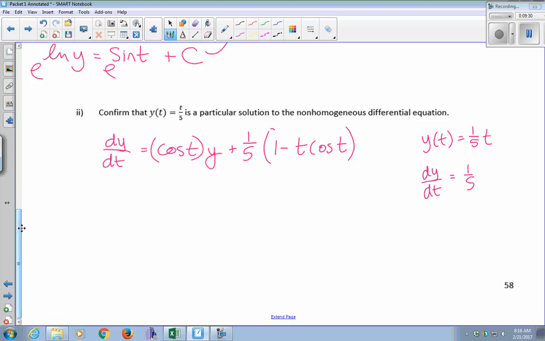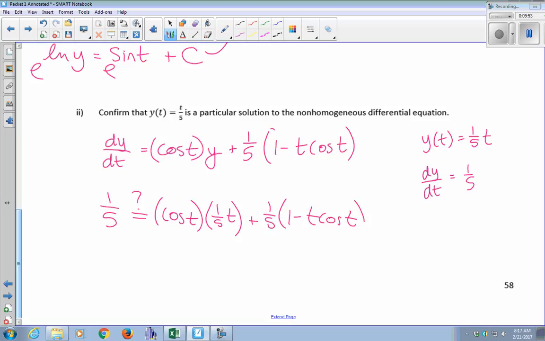So dy dt I replace with 1/5. And then we want to see, does that equal the right-hand side when I replace all my y's with 1/5 t's? So just leave cosine t as it is. Replace the y with 1/5 t plus 1/5 times 1 minus t cosine t. Just plugging in the solution. If the left equals the right, then it really is a solution.